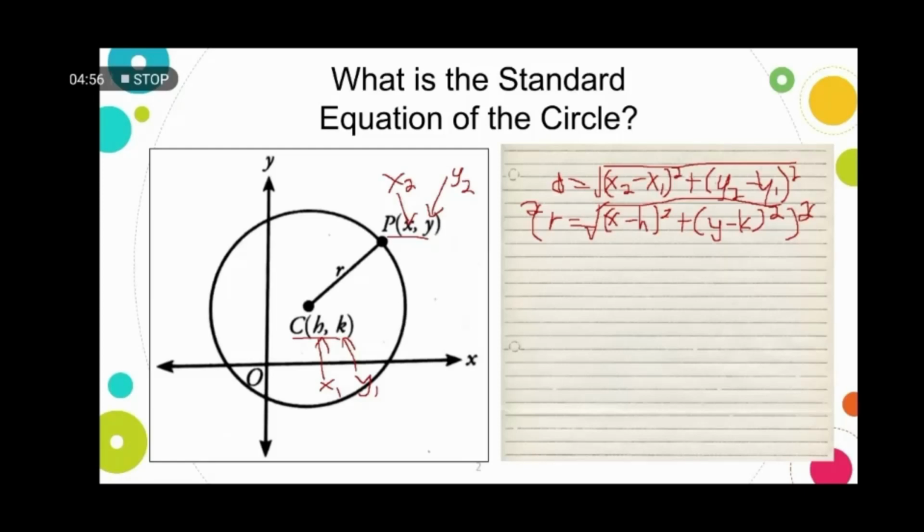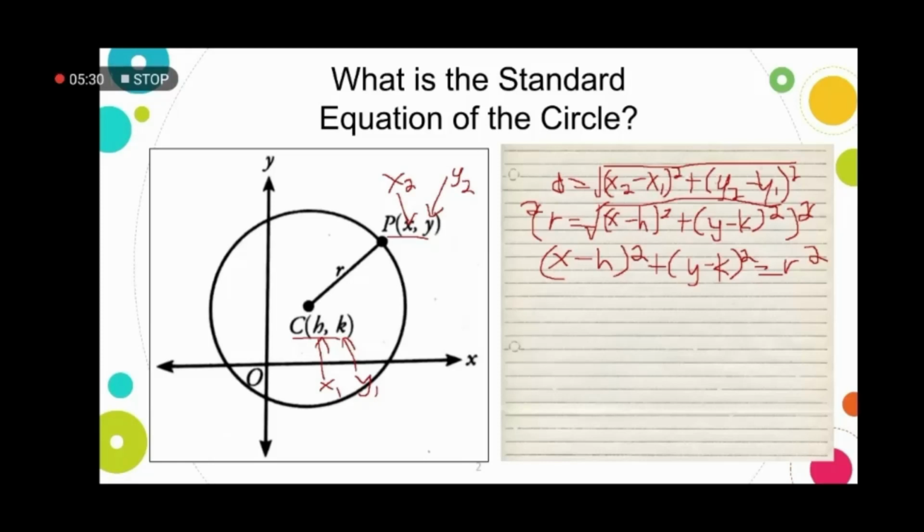Our final equation will be (x minus h) squared plus (y minus k) squared equals r squared. That will be the standard equation of the circle. So that's the first way of proving the standard equation of the circle.